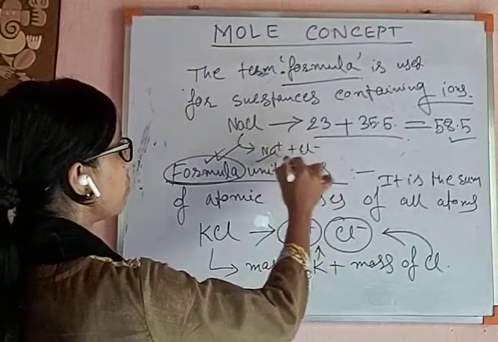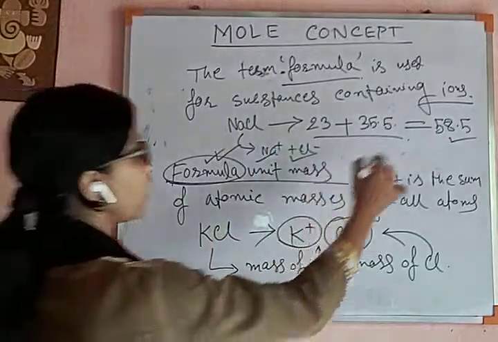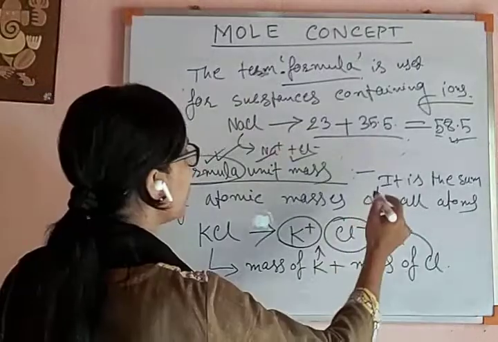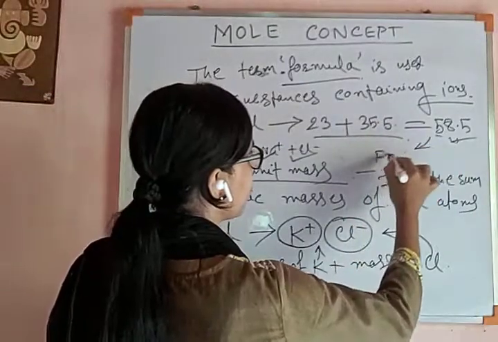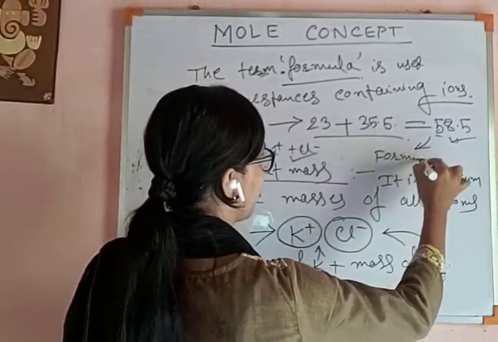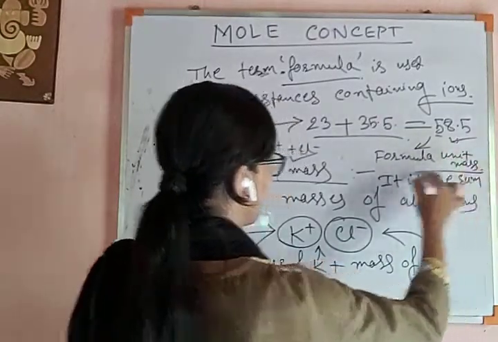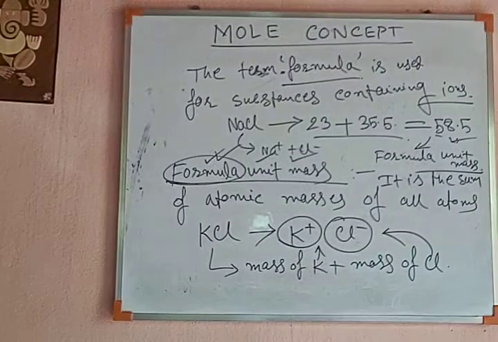So in NaCl, due to the presence of these ions, we can say that this value is actually formula unit mass. So we can say it formula unit mass, like this.